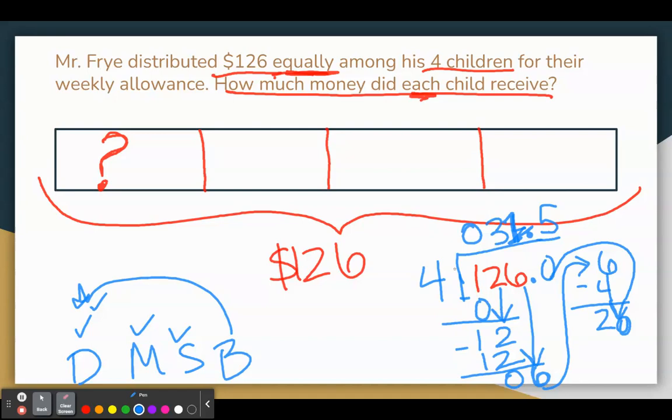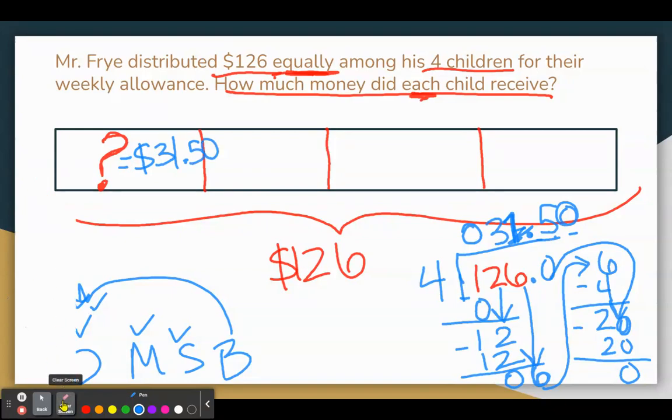So 5 times 4 is 20. Now we subtract. So we have 0. So each child gets $31, right? And 50 cents. And since we're talking about money, we're going to go ahead and add a 0 at the end. So each child is going to get $31.50.